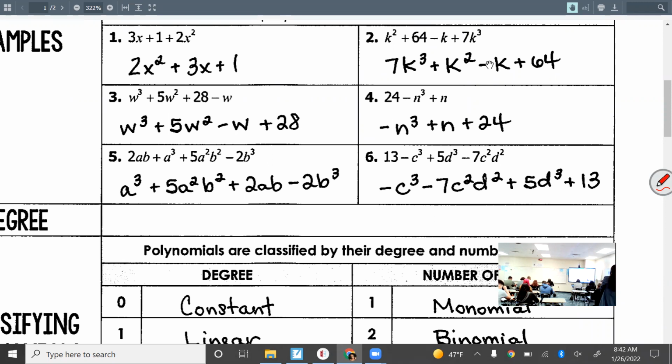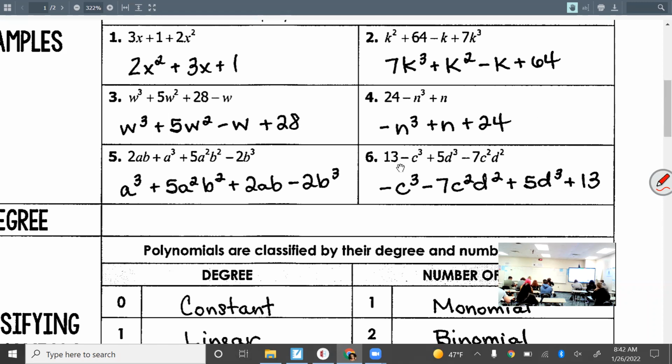So it should be 7k cubed plus k squared minus k plus 64. All right, and then number 4 should be a negative n cubed plus n plus 24. So make sure you keep that negative that's in front of that term. If it's positive, then write it as positive, like a positive 24.